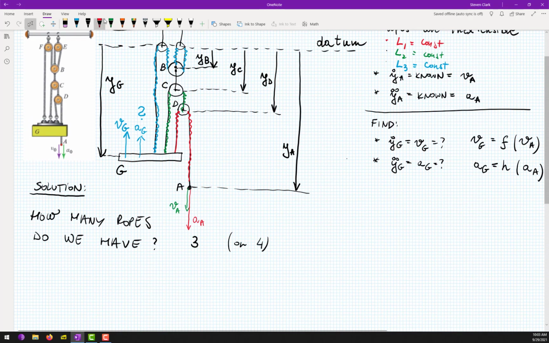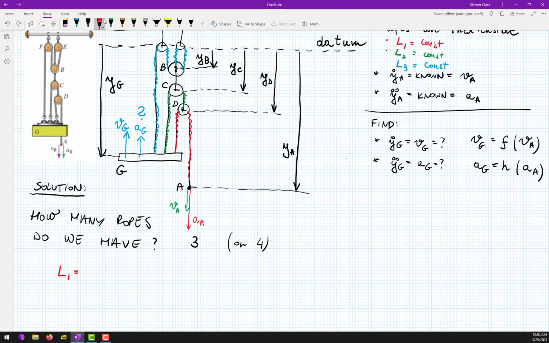Now let's express the length of rope 1 in terms of these elevations. Anybody want to tell me how long the red rope is based on the picture? Or maybe I can start, and you can tell me the second one.